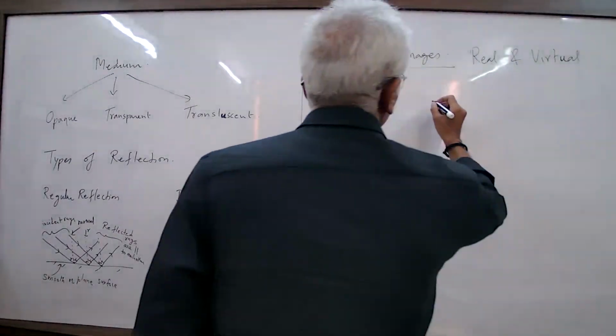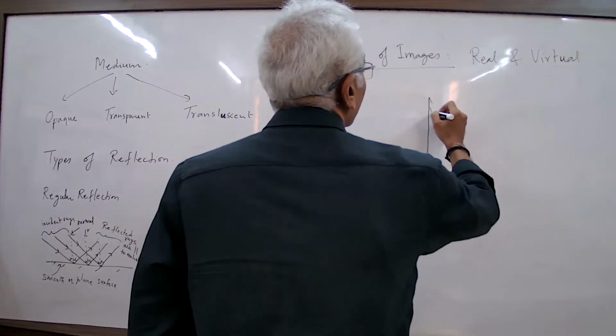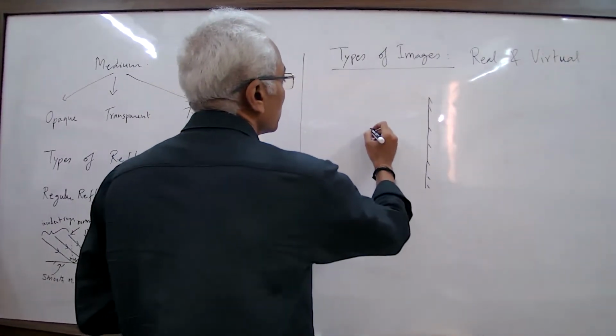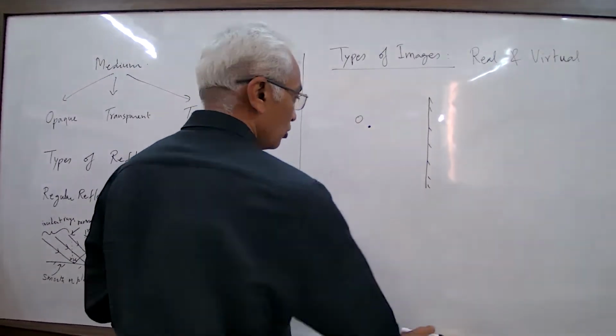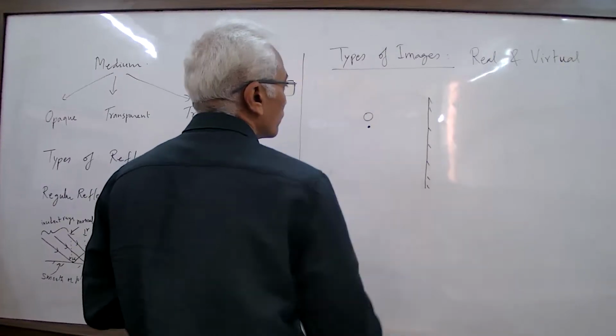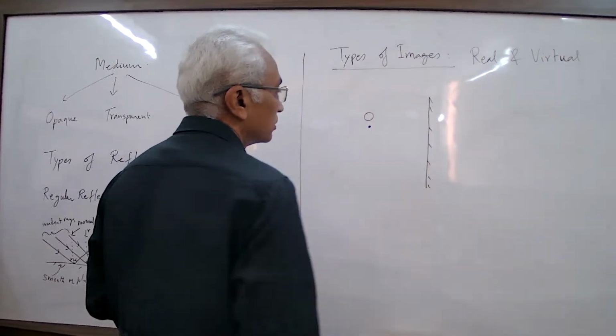Let us say I have a plane mirror here. Some object is here. This is the object. They have the same distance. Yes. So, how will the image formation take place?